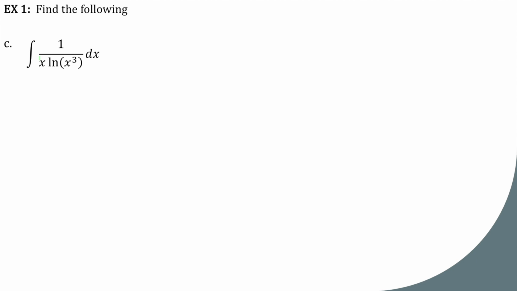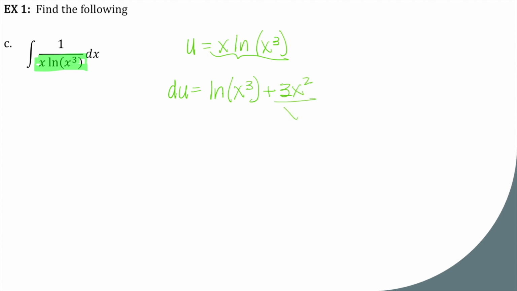Sometimes I like to look at the entire bottom to see if that can be u. If we do that, if u equals x ln x cubed, and I take the derivative of that, I get du equals, okay, derivative of the first times the second plus derivative of the second times the first.